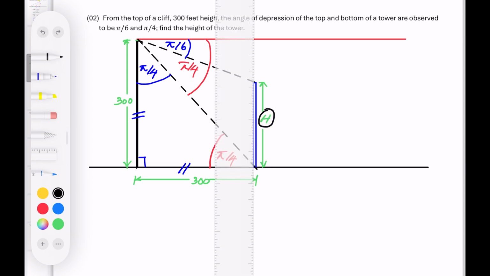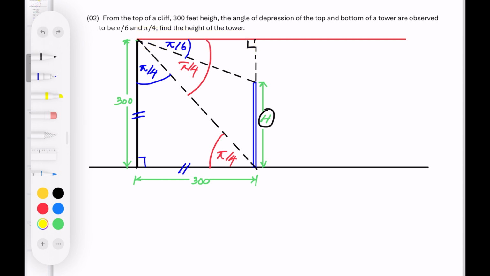Now what I'm going to do is I'm going to draw a hypothetical vertical line from the top of the tower until it meets that red horizontal line. Now the angle right here should also be equal to 90 degrees. Earlier we saw that this distance is 300 feet. Therefore, the distance right here should also be equal to 300 feet because it has become a rectangle.